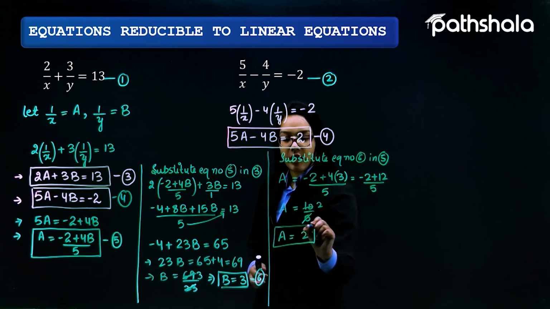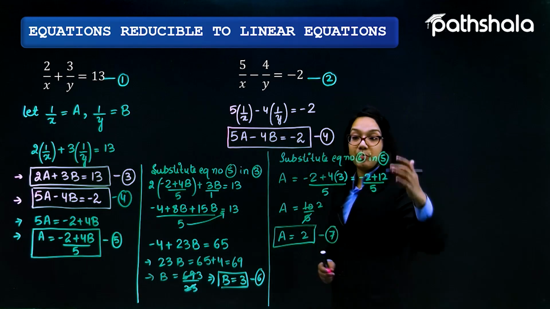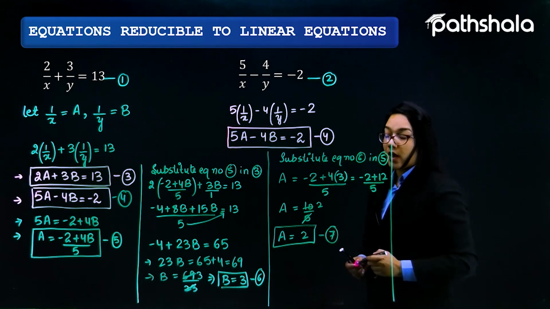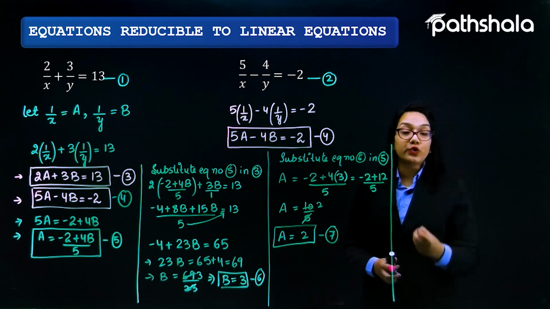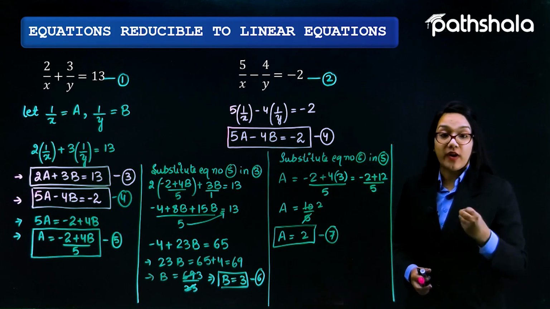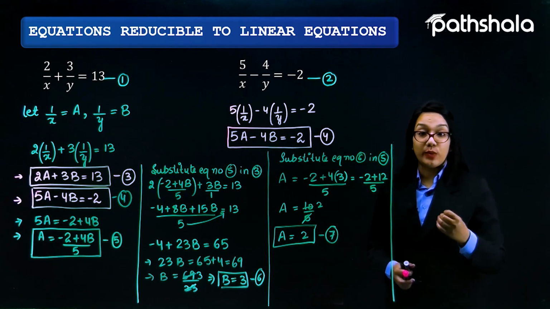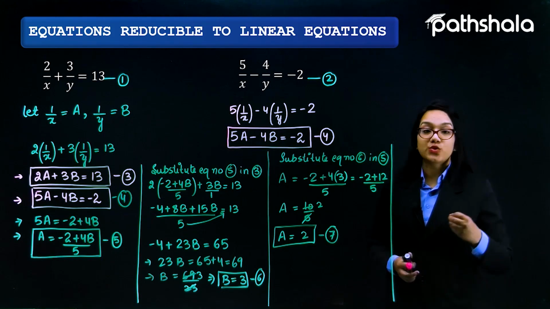It means we are done with the values of A and B. Capital A we are getting is 2 and the value of capital B is 3. But we just wanted to find out the values of small x and small y, because the only variables present in equation number 1 and equation number 2 are small x and small y.